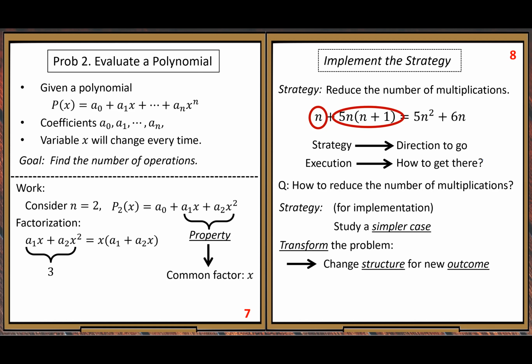So adding these two numbers together, we have 2 multiplications. Can you see the improvement? From 3 to 2. A reduction. 1 multiplication is reduced.